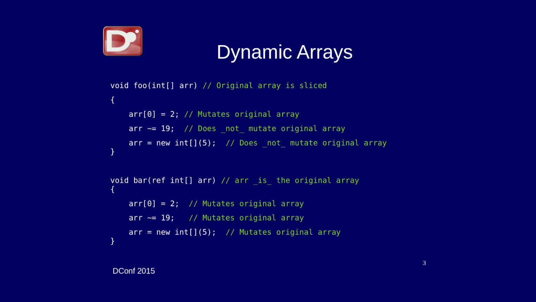But in the other case, the semantics for that are identical because the memory it's referring to is the same in both cases. However, in the second case where you're appending, if it was not passed in by ref, it doesn't do anything to the caller. This is only affecting the array inside this function because arrays aren't really reference types.